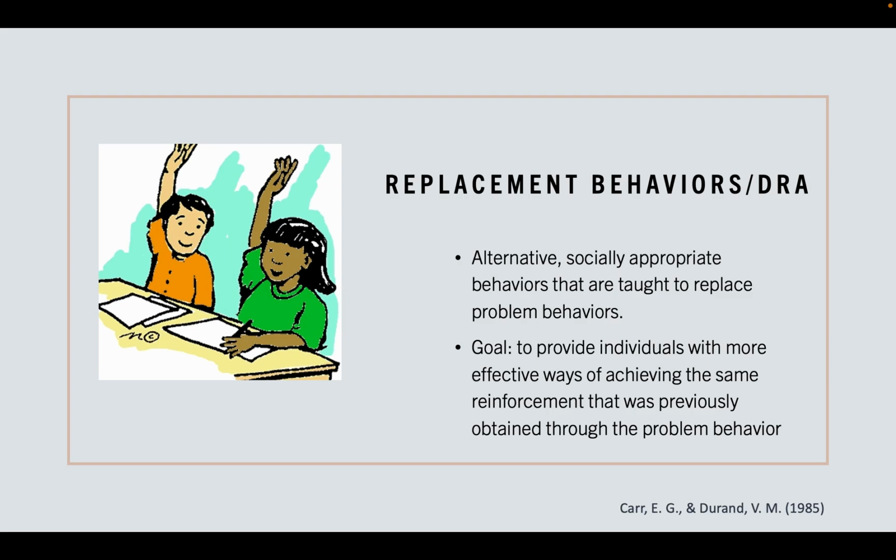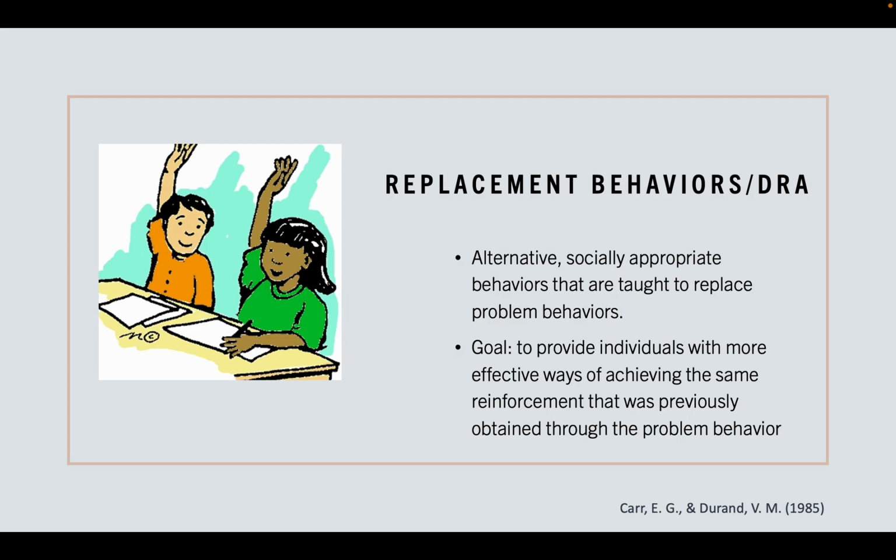In ABA, we like to call this DRA, or differential reinforcement of alternative behaviors. DRA is a behavior change technique used in ABA to decrease problem behavior by reinforcing alternative, more appropriate behaviors. This alternative behavior should serve the same function or purpose as the problem behavior.